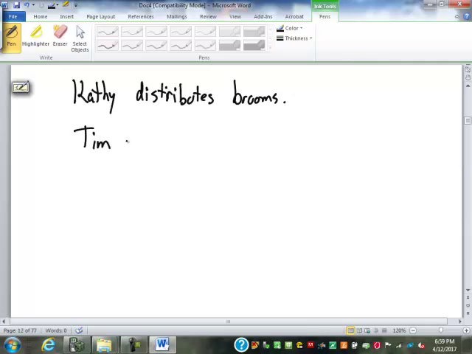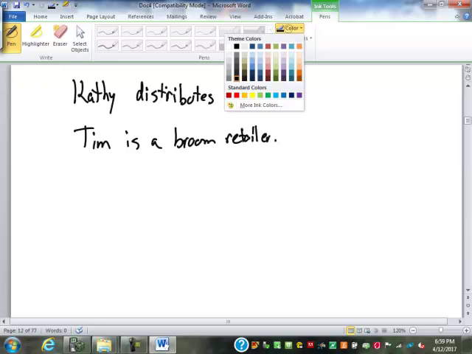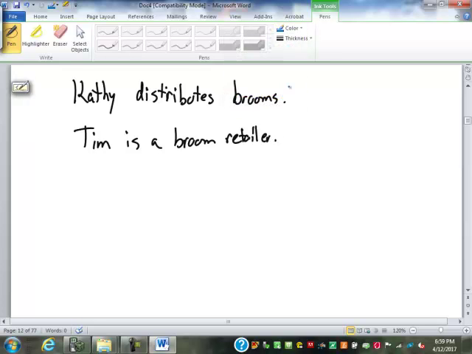Tim is a broom retailer. So Kathy sells to Tim, distributes to Tim. Tim buys the brooms from Kathy and sells them to customers. We're reaching back a little bit here into last unit.